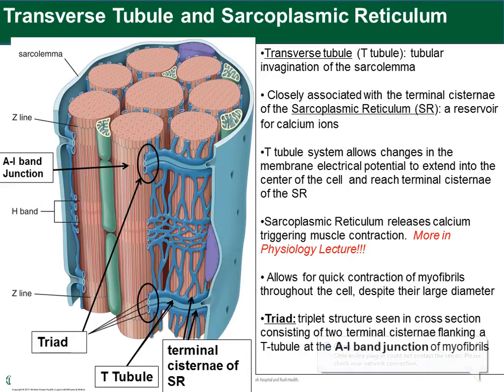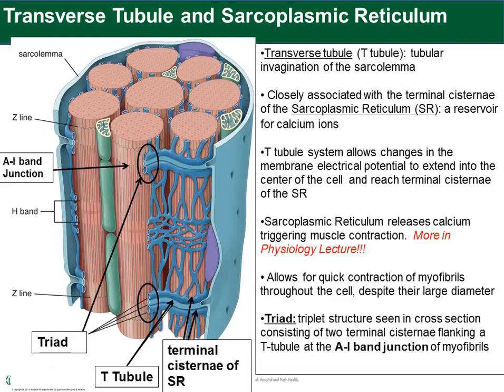So recall the T-tubules from our prior study of striated muscle. You also have T-tubules in skeletal muscle, and these are closely associated with the terminal cisternae of the sarcoplasmic reticulum, which is where the calcium ions are stored. The T-tubule system are invaginations of the sarcolemma, which bring the change in membrane electrical potential into the middle of the cell, where it can interact with those cisternae of the SER.